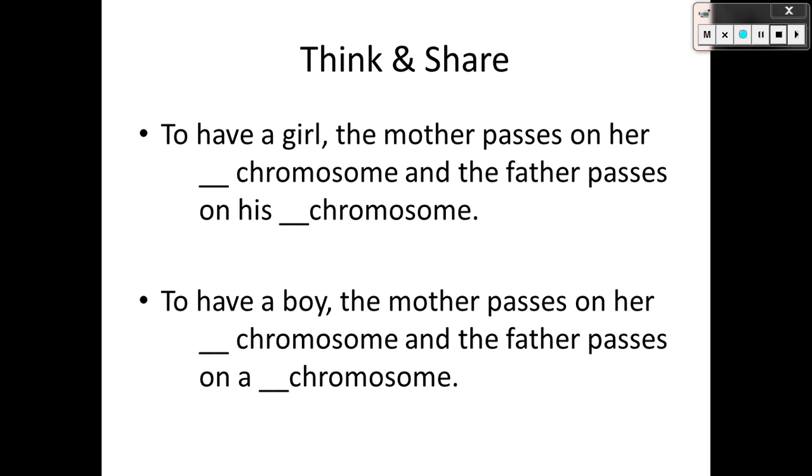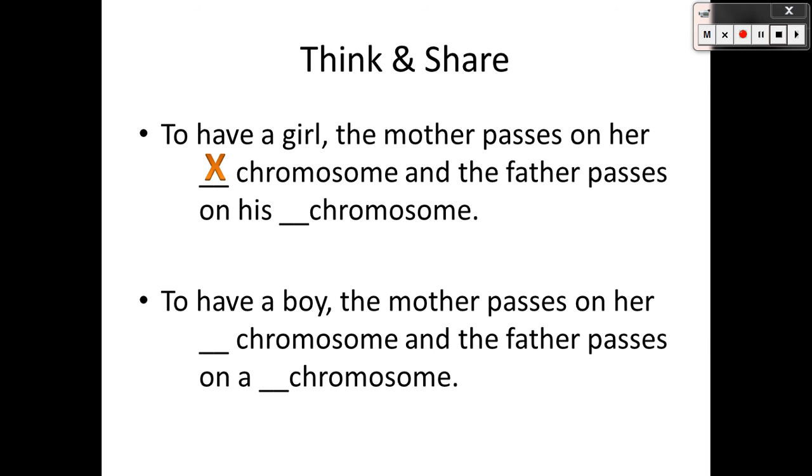So, just to think things through, say parents are wanting to have a child, and in order for them to have a girl, our mom is going to pass her X chromosome. Because remember, mom only has two X's. She only has an X to pass. She couldn't pass anything else except for an X. And dad, on the other hand, now dad's got a 50-50 chance.